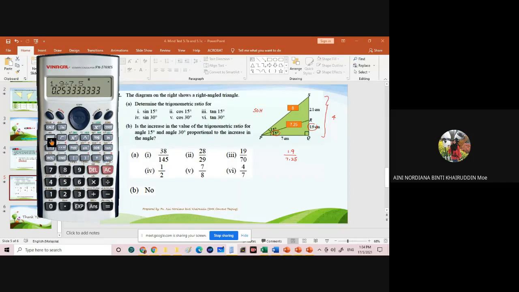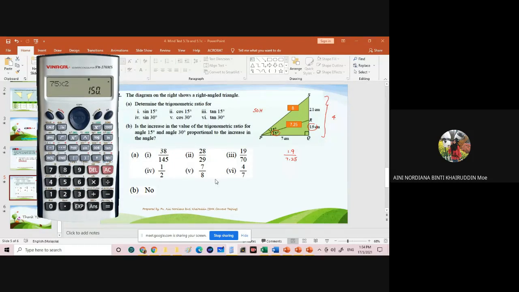Then press button ABC here. So you get 19 over 75. Or 19 over 75, you can times 2. You get 38. 75 when you times 2, you'll get 150.